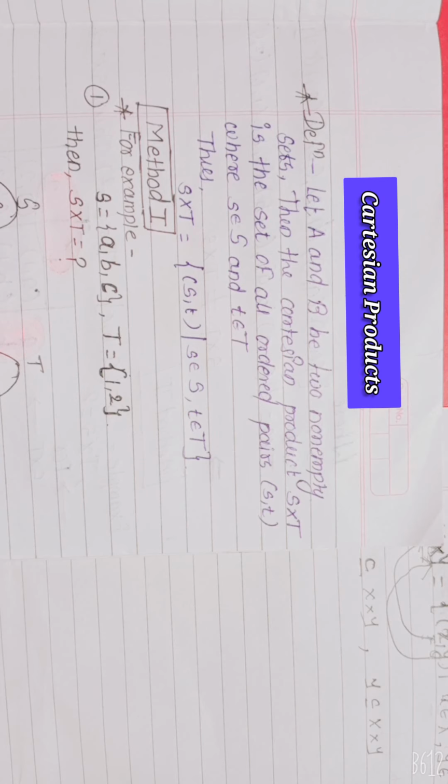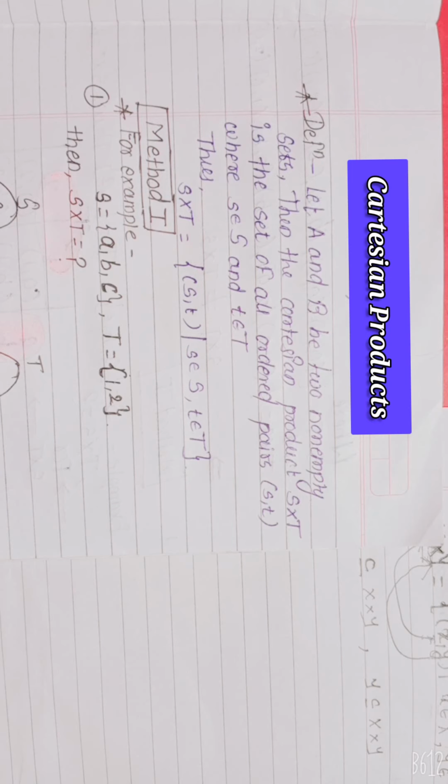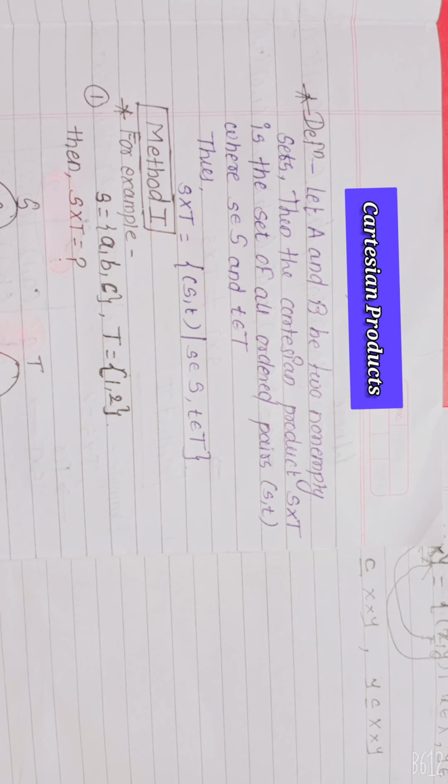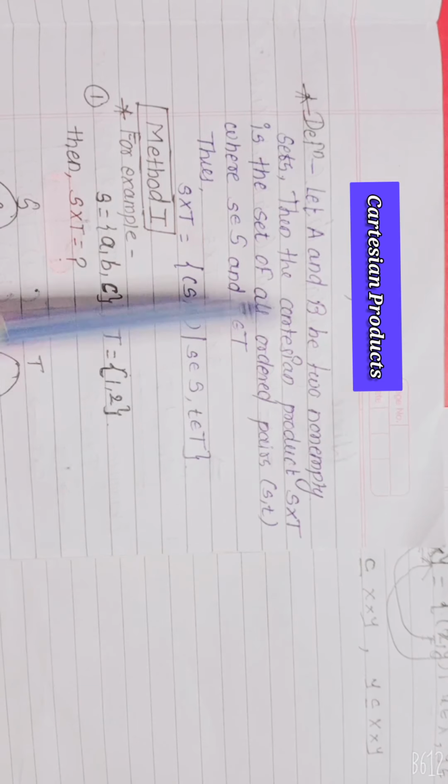Firstly, we have to consider 2 sets which are non-empty. If the sets are empty, then there is nothing to do with that. So we have to take 2 non-empty sets. Let S and T be 2 non-empty sets.